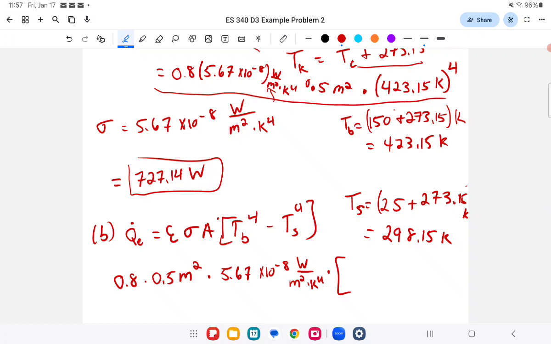But in this case, they're taken to a power first and then subtracted, and that's not the same as having T_B minus T_S all to the fourth power. That would give a different expression. So we can't do that here, and so we will just use the absolute temperatures.